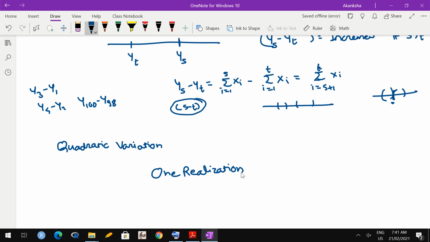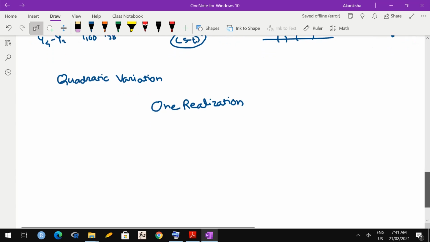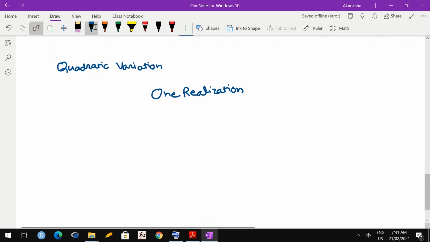In general, when you have only one realization, you cannot give a good idea about variance. In fact, you cannot get any idea about the variance unless you make some assumptions about the distributional theory. Hence, people came up with a solution. Quadratic variation is one way of getting some idea about the variance of the process.